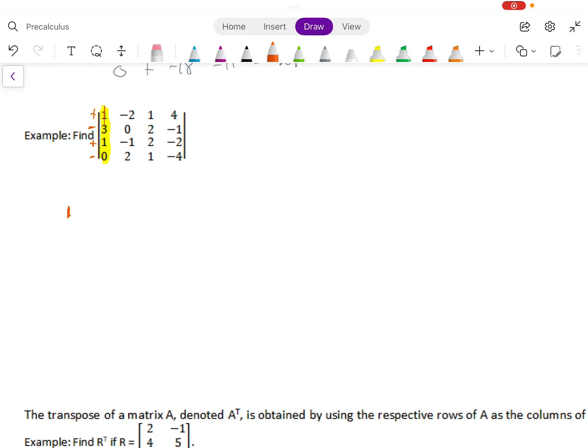That's when you're going to cross out the row and column. And we're left with the determinant of 0, 2, -1, -1, -2, 1, -4. And we'll work with that later.